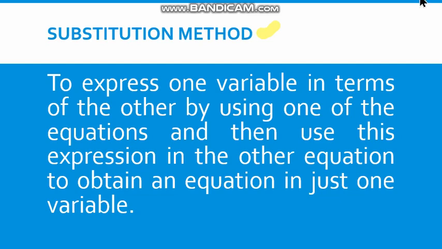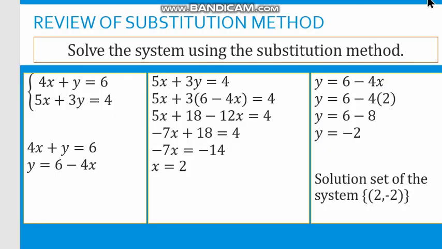and then use this expression in the other equation to obtain an equation in just one variable. For example, solve the system using the substitution method. The first equation is 4x plus y equals 6, and the second is 5x plus 3y equals 4.